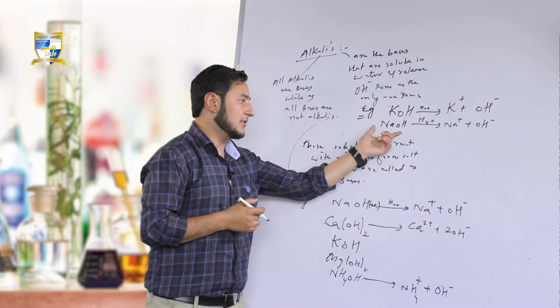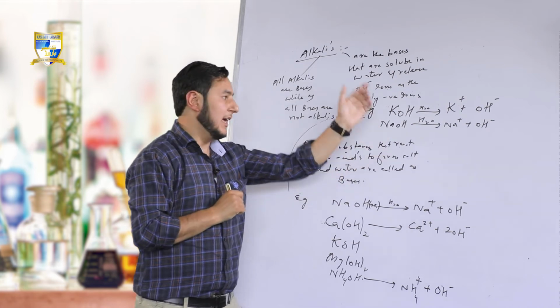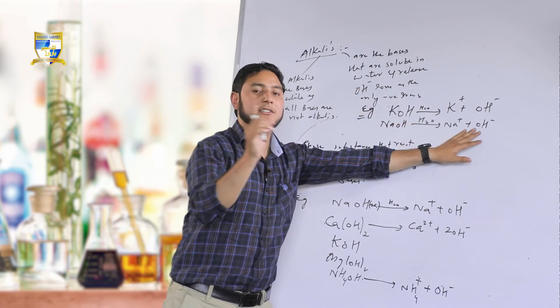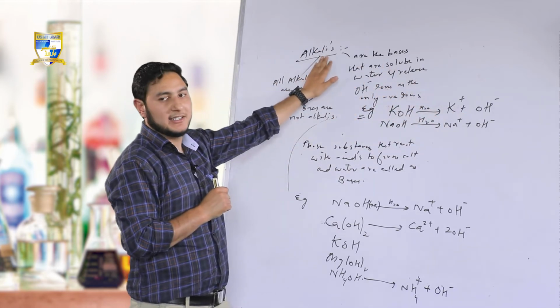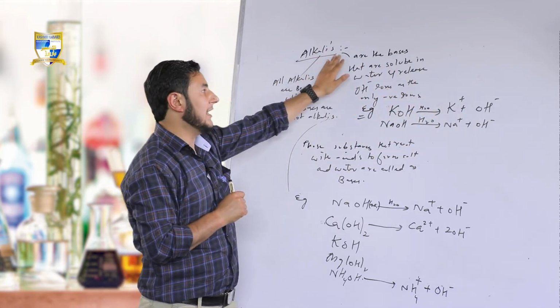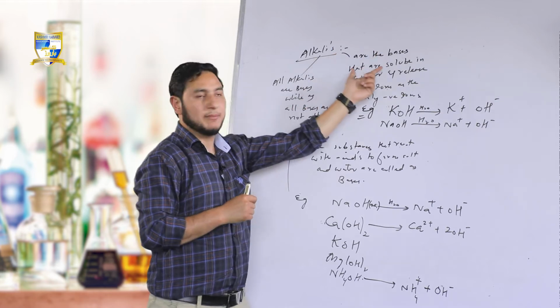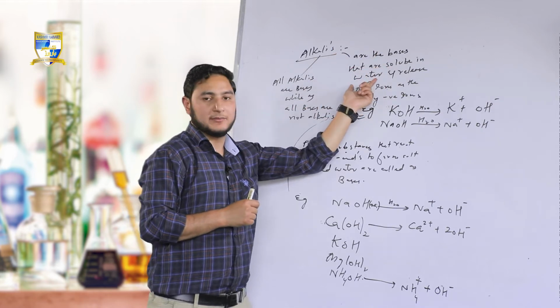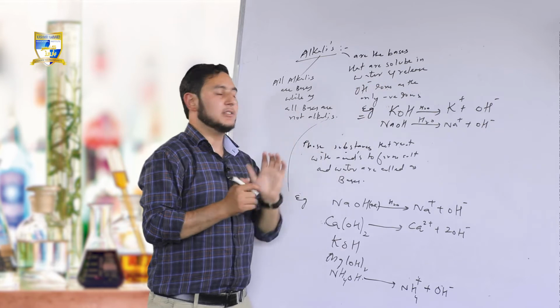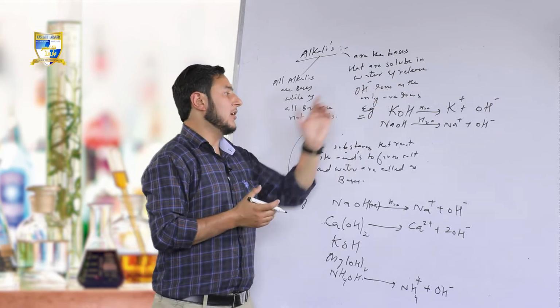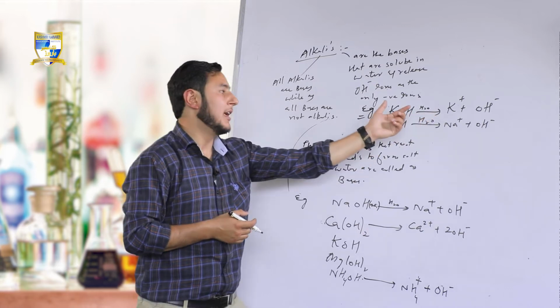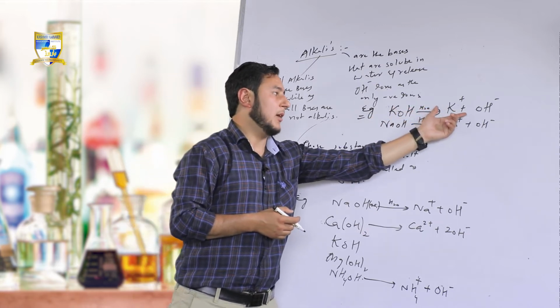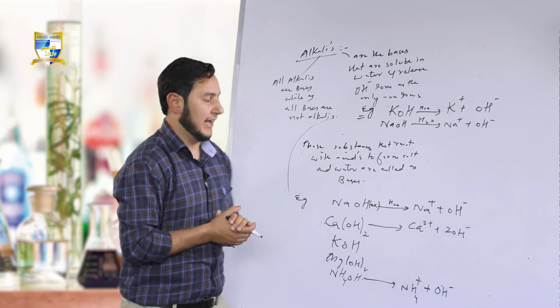So sodium hydroxide releases OH negative as the only negative ion. So it is a base as well as an alkali. I am repeating, all alkalis are bases, the bases that are soluble in water and release OH negative ions as the only negative ions.